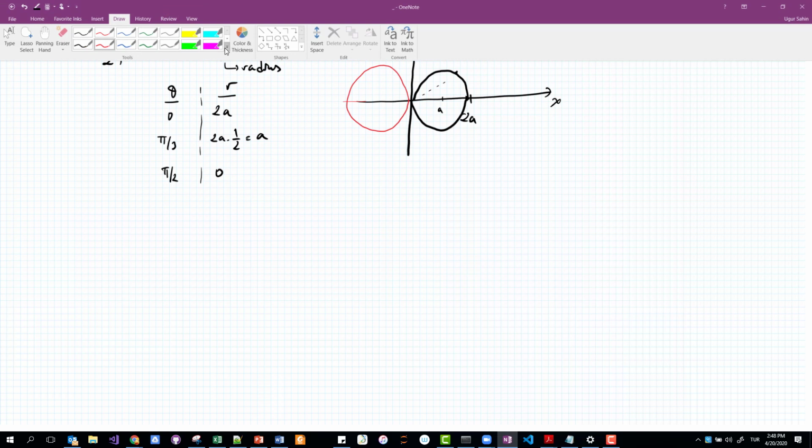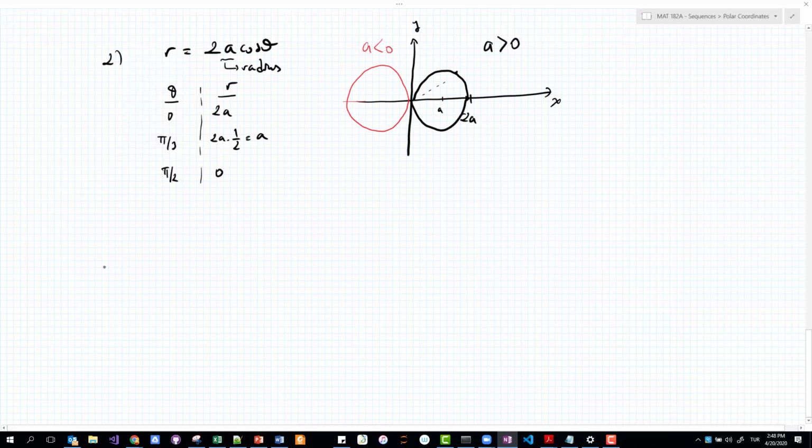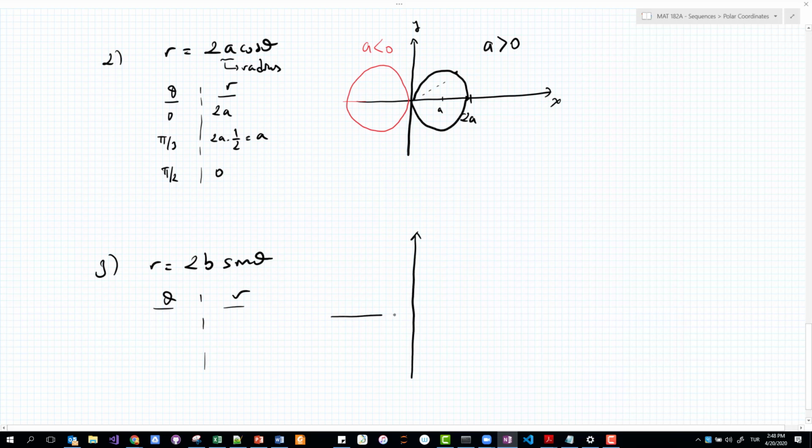This time I will use the other trigonometric function. r is equal to b sine theta. I can do the same thing for theta and then r, but I'm hoping you're going to guess the pattern for the circle if I draw it.